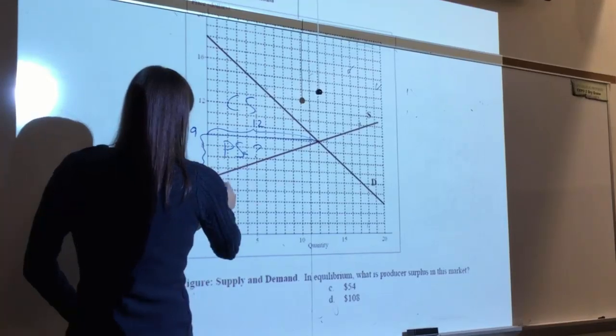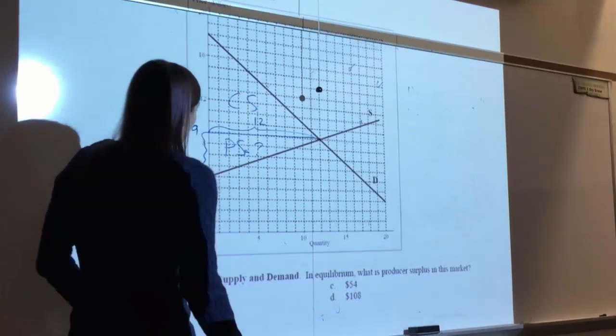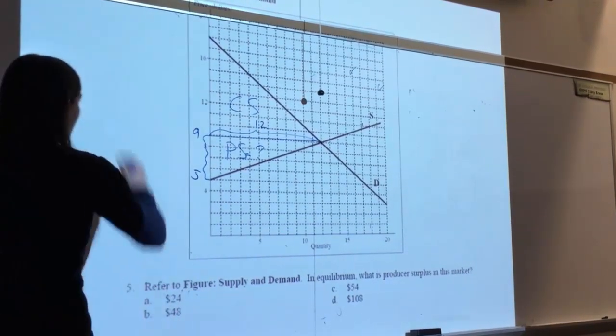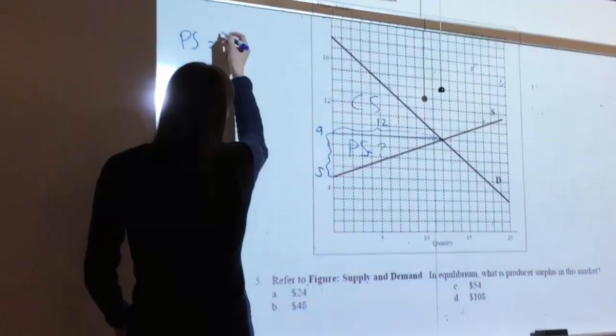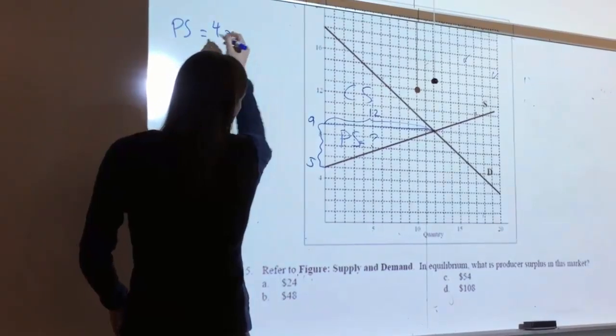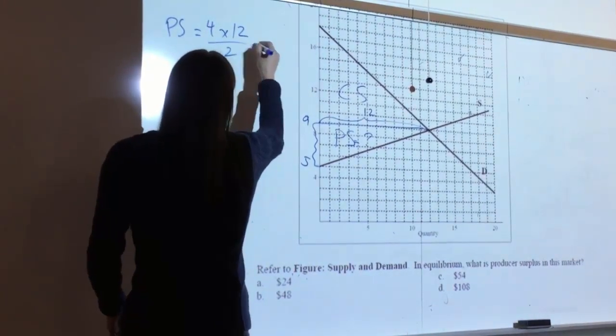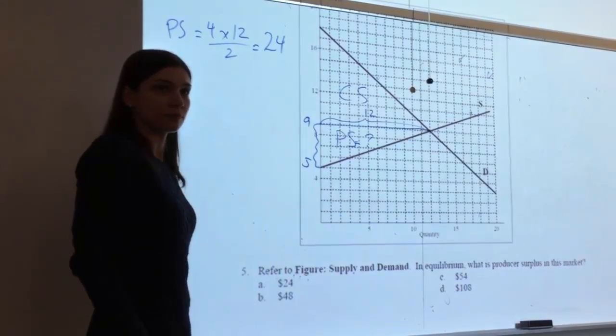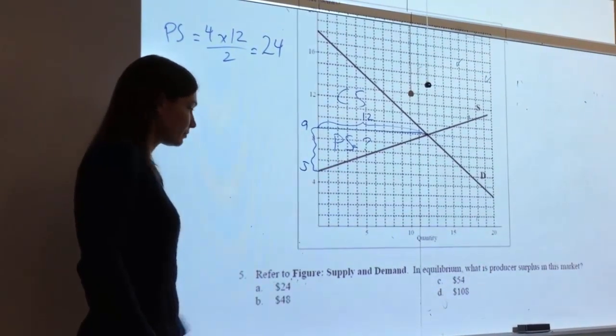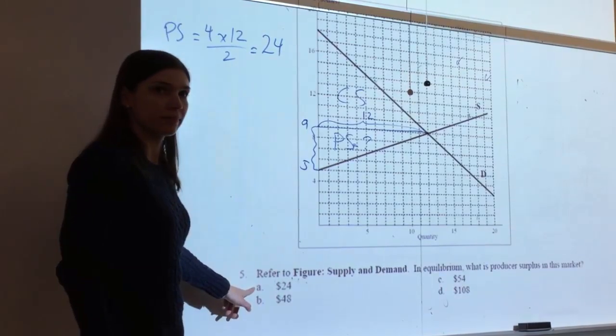This is 9, and this is 5. So producer surplus would be 4 times 12 divided by 2, or 24 units. Agreed? That would be answer A.